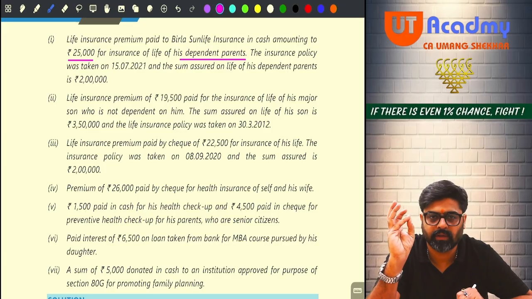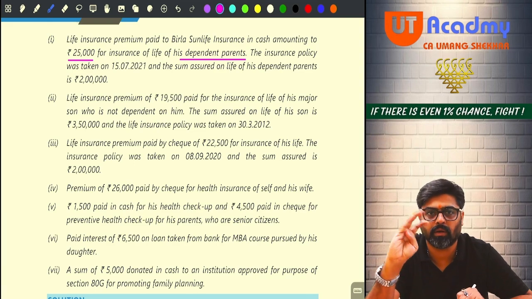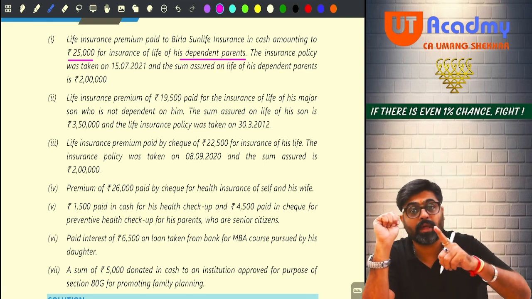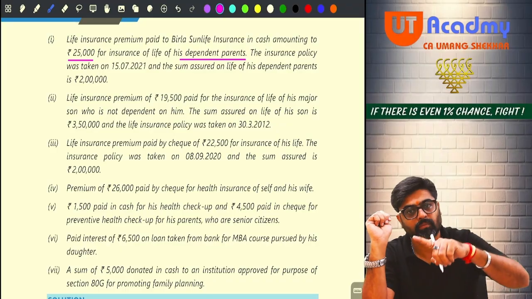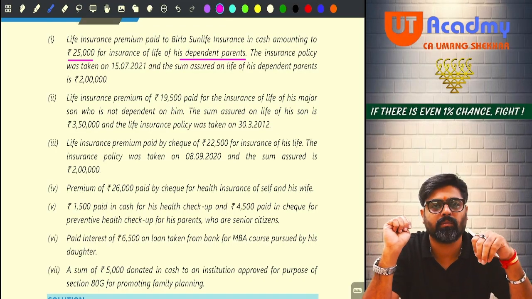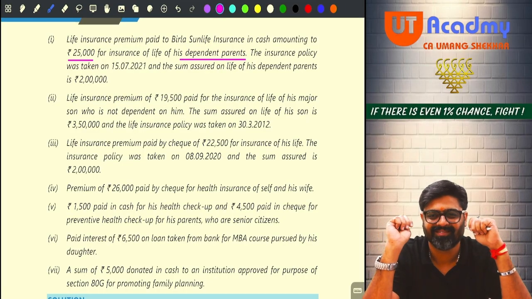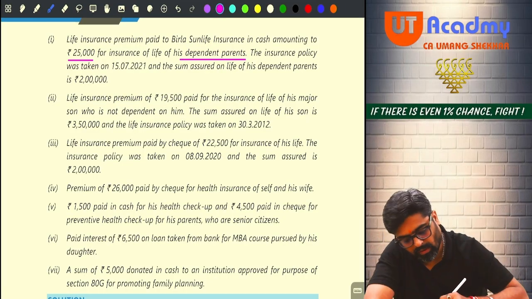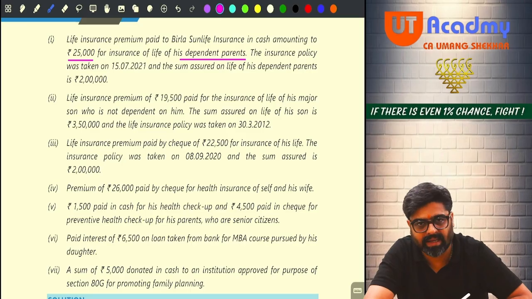You have to pay for yourself, your spouse and your children, not for your parents. If this would have been a medical insurance premium, then it would have been allowed. But wait, still it was not allowed because it was paid in cash. Getting my point? So life insurance premium paid for parents is not allowed.